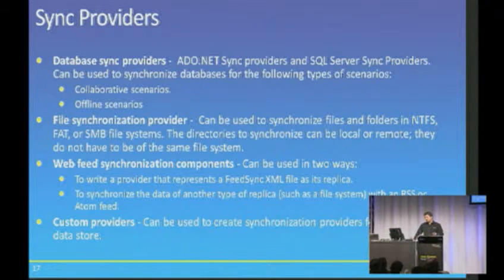File-based synchronization provider. This is what's used in the SyncToy. It can look at two directories on NTFS or network locations and synchronize them. If you go into Windows Explorer and say show all files, you'll see there's a little XML file in there. That's the metadata it uses.